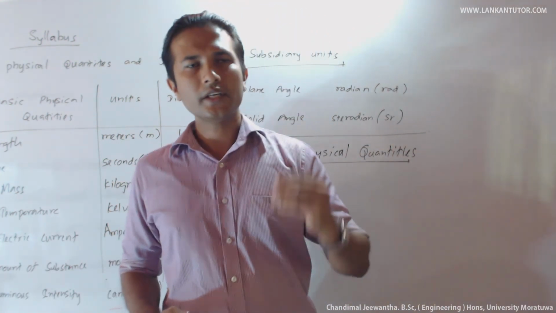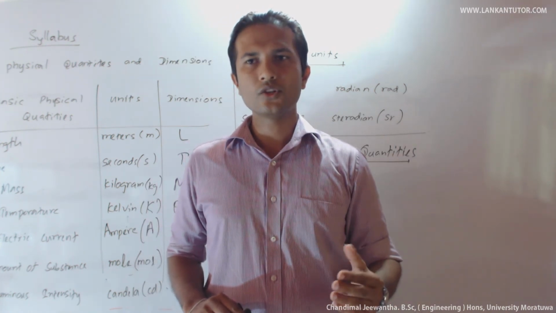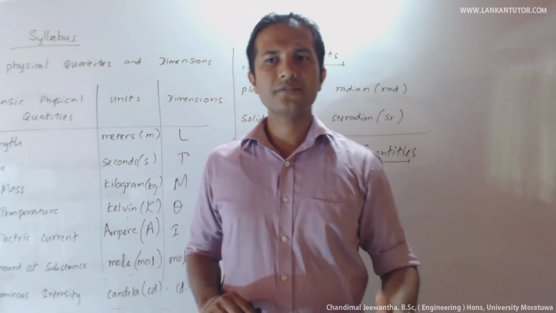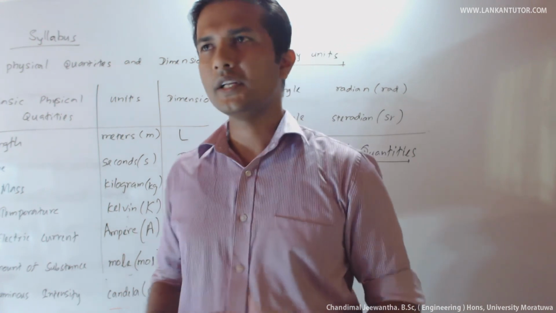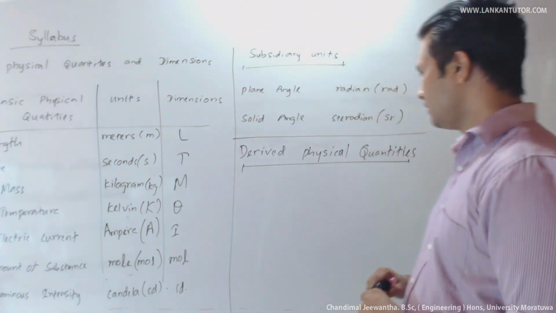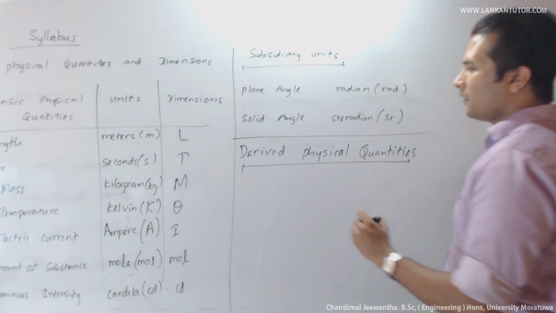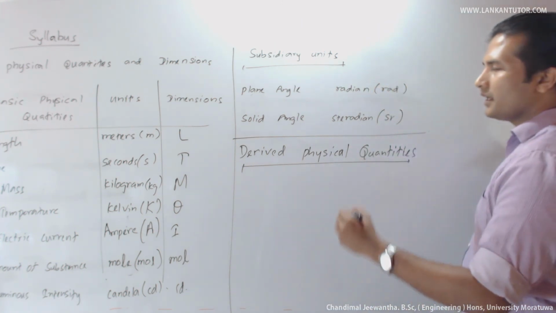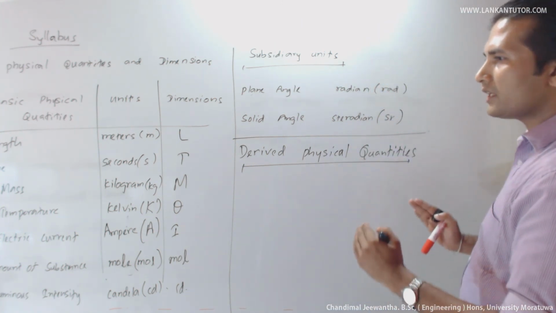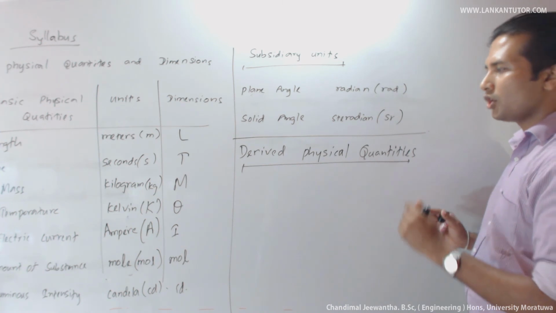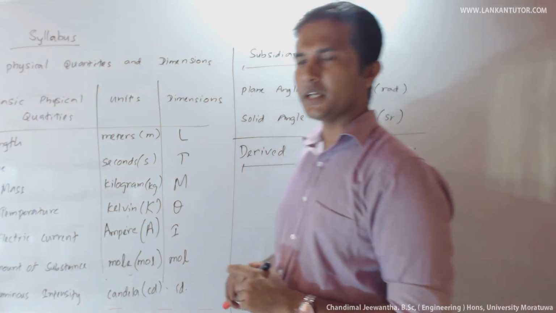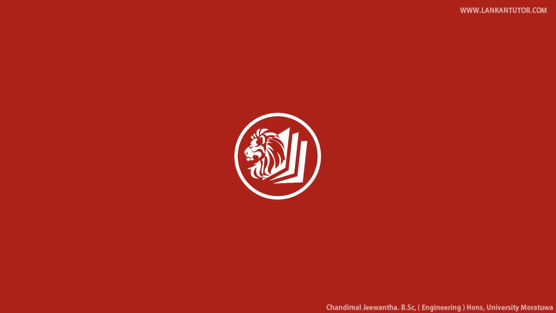They all have different units. Those are called derived physical quantities. Let's move on to the derived physical quantities, and we can find the unit and the dimension of those derived physical quantities.